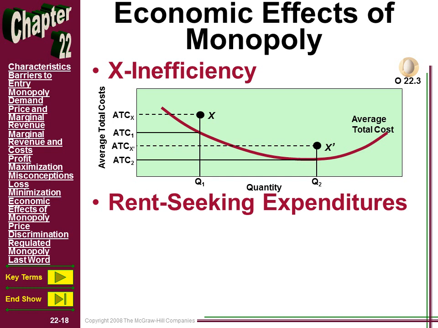Now, rent-seeking behavior refers to when a firm seeks an economic advantage, attempting to gain added wealth without any reciprocal contribution to productivity. That's typically how we would explain something like rent-seeking behavior.